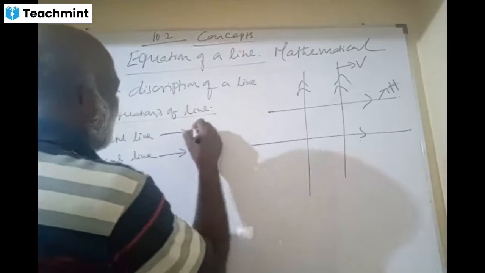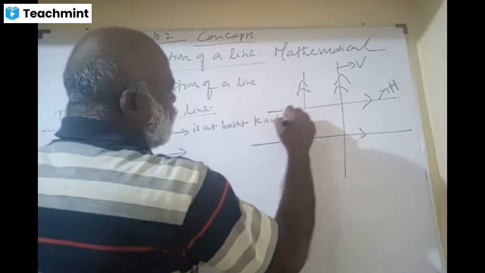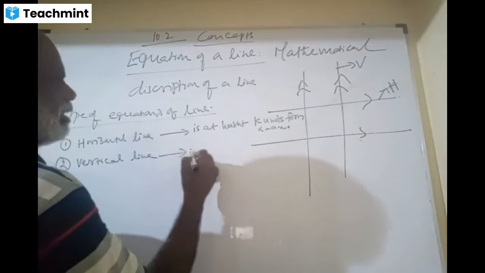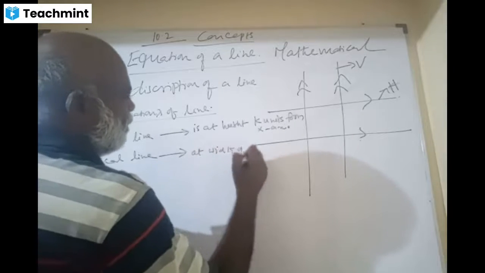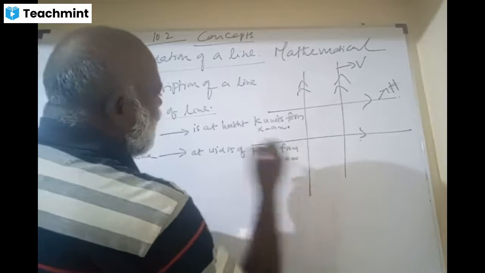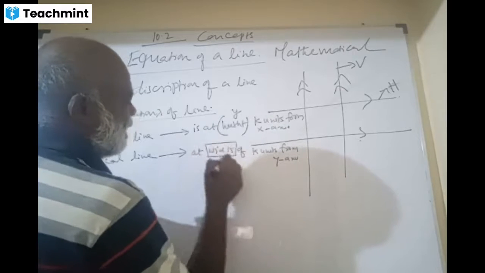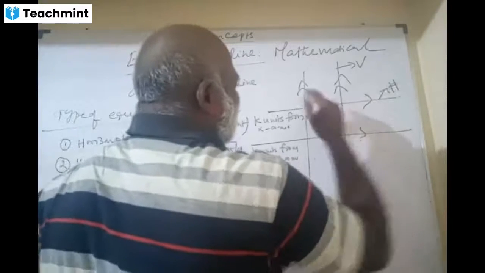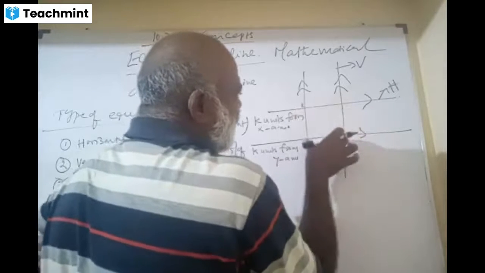A horizontal line is at a height of k units from the x-axis. A vertical line is at a width of k units from the y-axis. Height means the y coordinate. Width means the x coordinate. So for the horizontal line, this height is k. This height is k, and this width is also k.